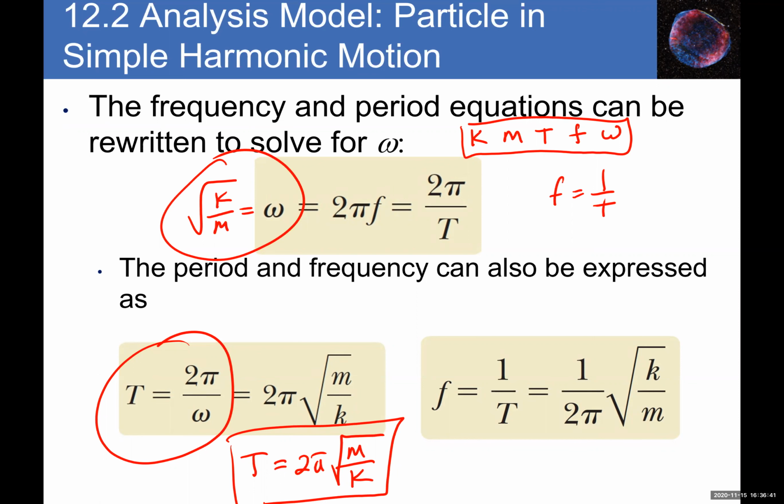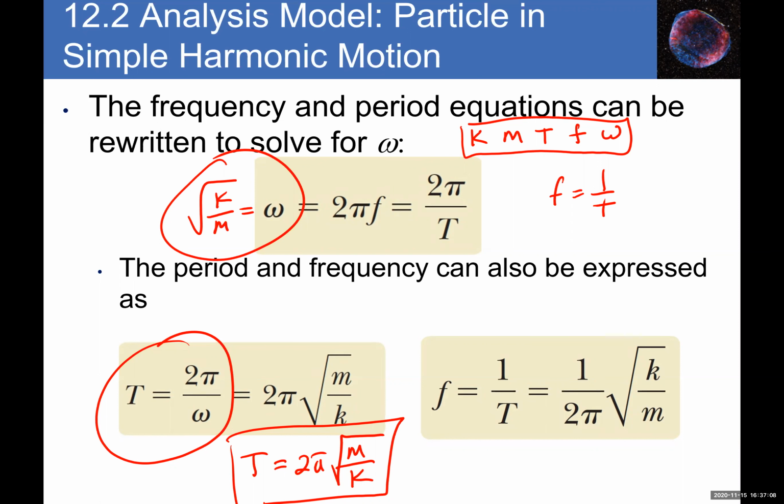Remember, k is a constant, technically, but m is the mass of the block. And the period only depends on the mass of the block. None of these quantities depend on amplitude. You stretch it 5 centimeters, 10 centimeters, 15 centimeters, doesn't matter. The time to go back and forth is exactly the same as long as you have the same mass. Only changing mass can change the period of oscillation.